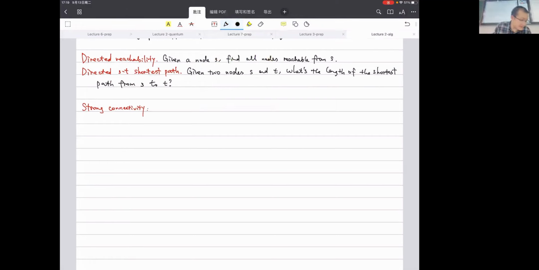For strong connectivity, we say that a graph is strongly connected if for every pair of U and V, there is a path from V to U and also a path from U to V. Basically we want to have paths in both directions.